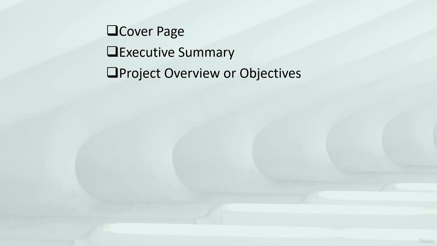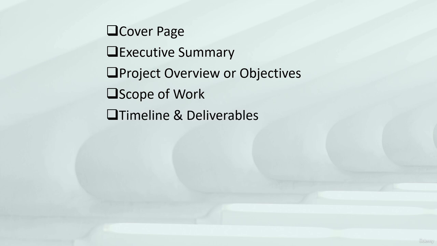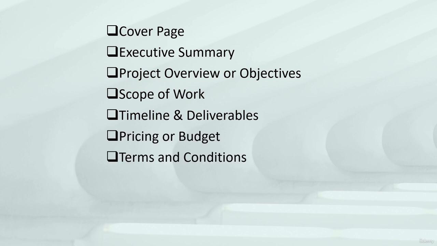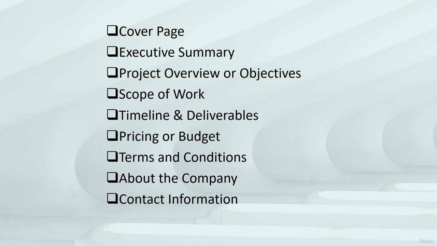The first one is the cover page, then executive summary, project overview or objectives, scope of work, timeline and deliverables, pricing or budget, terms and conditions, about the company, and the last one is contact information. So instead of recreating these from scratch each time, we'll turn them into smart reusable blocks.